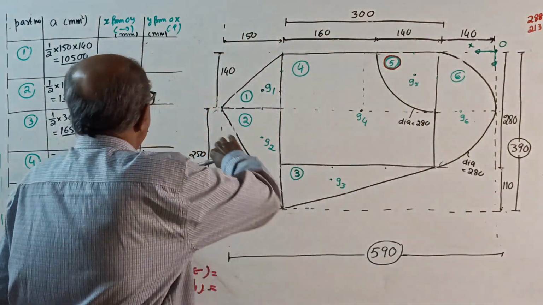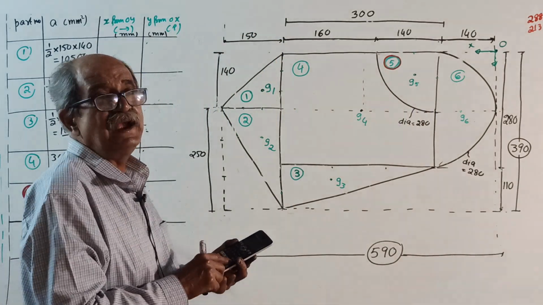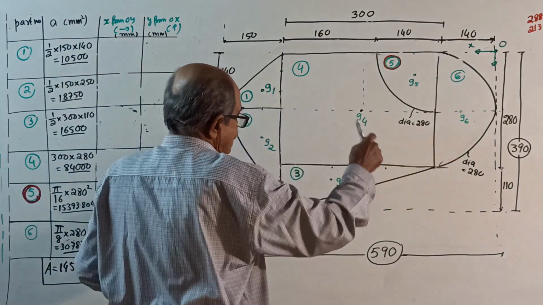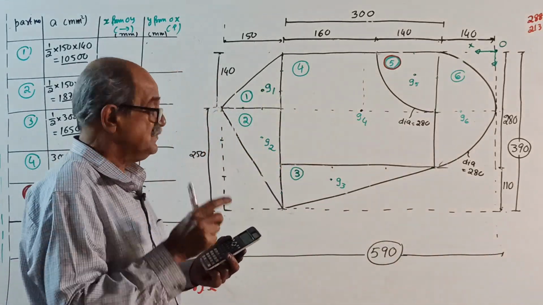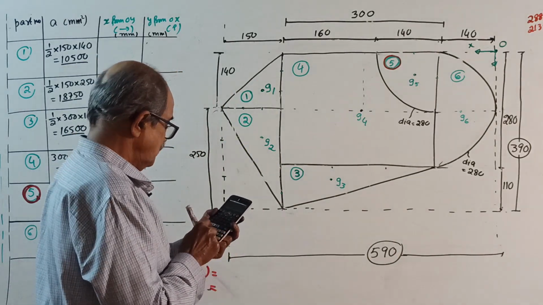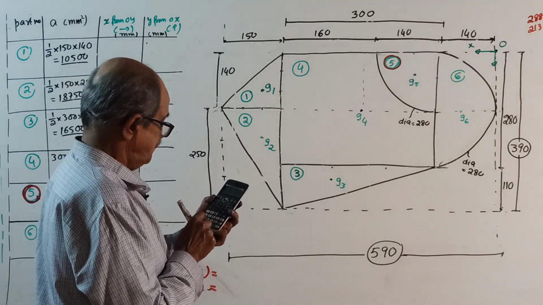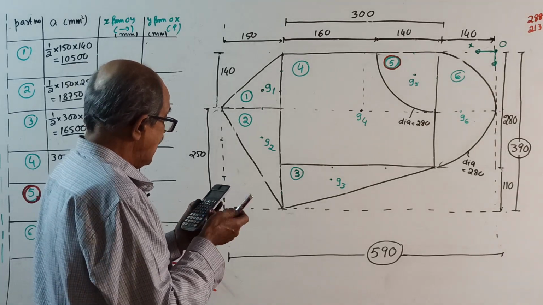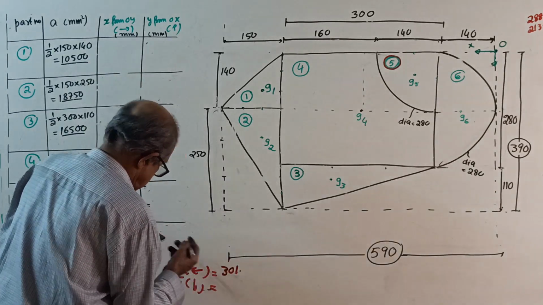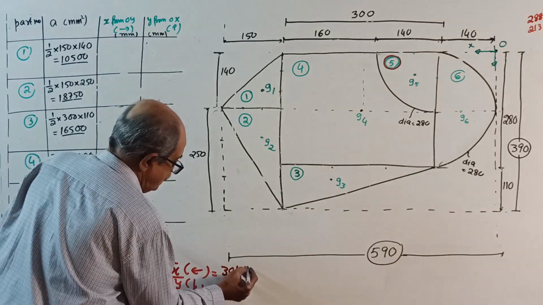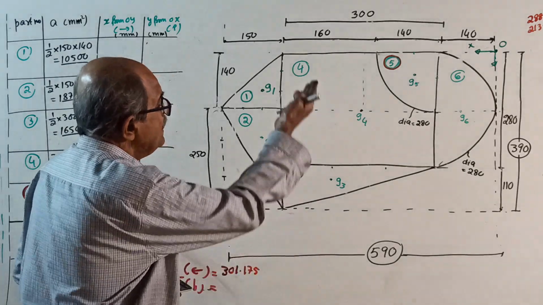Last time with this origin, we got x bar 288.825 from here. Total is 590. So if everything is correct, your x bar should come 590 minus 288.825, it has to come 301.175. And y bar, total 390.